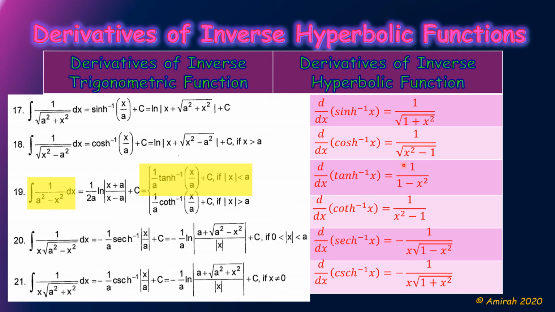Then to retrieve the formula for the derivative of inverse cos x, we can refer to formula number 19, but the second row. If we have integration of 1 over a squared minus x squared, it equals 1 over a inverse cos x over a plus c.